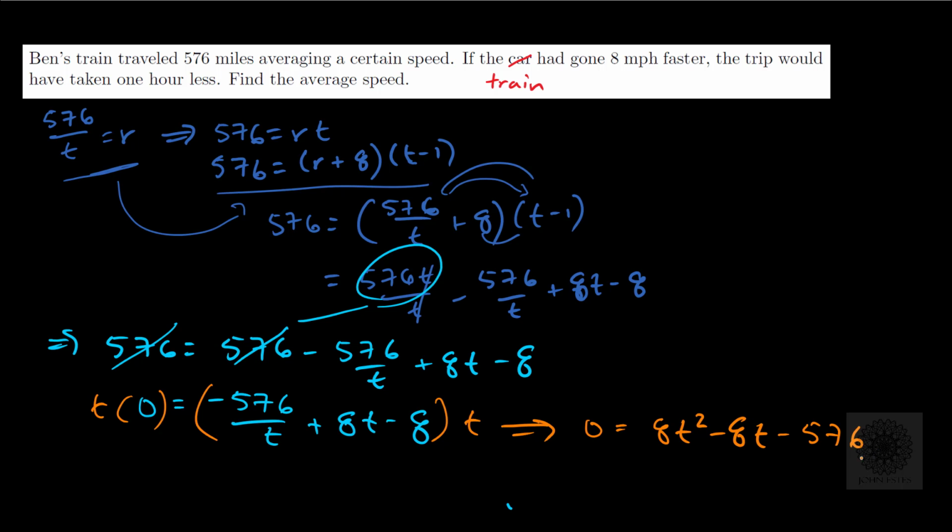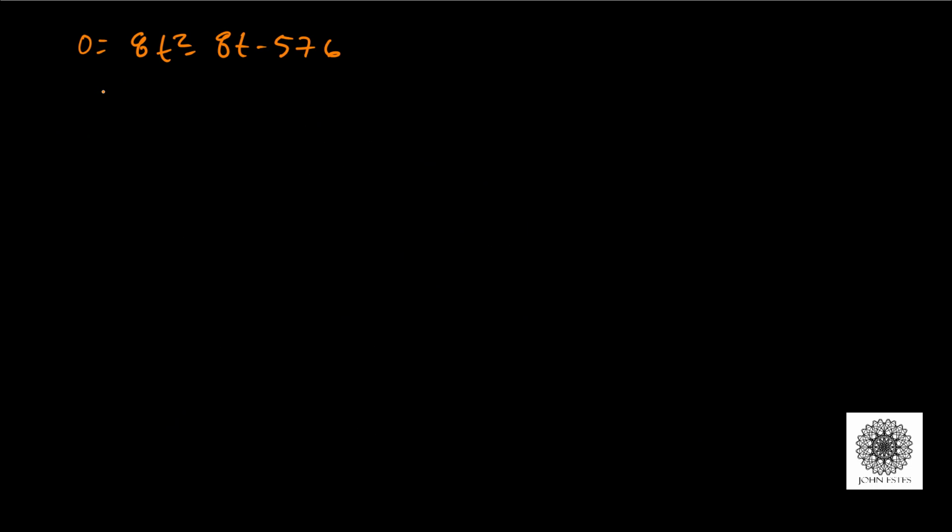And I rearranged it so that we'd have our terms in descending order, which we typically like. Okay, so from there, I divide both sides by 8. And now I have a simple quadratic equation: 0 equals t squared minus t minus 72. If you're trying to factor this, you need two numbers that multiply to give you negative 72 and add to give you negative 1.